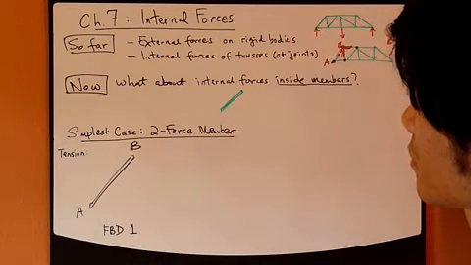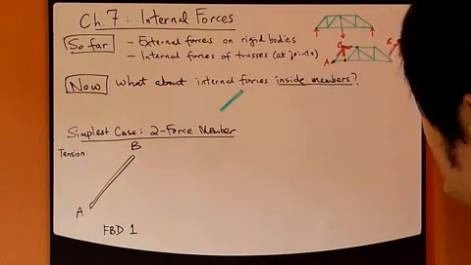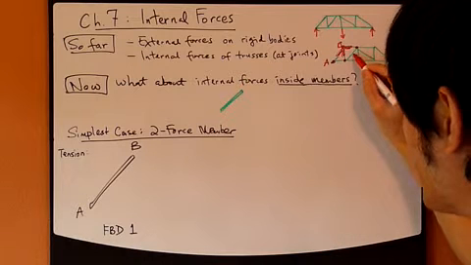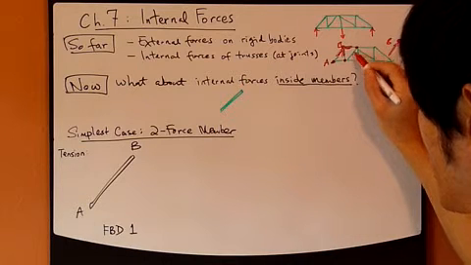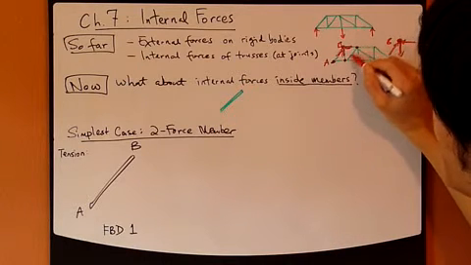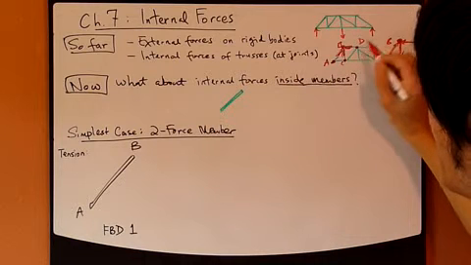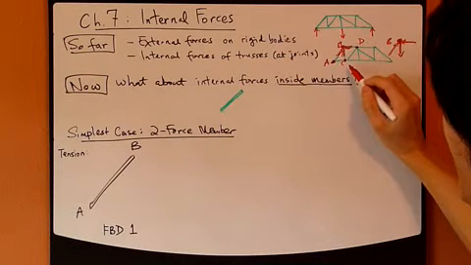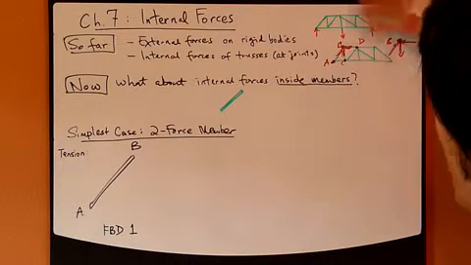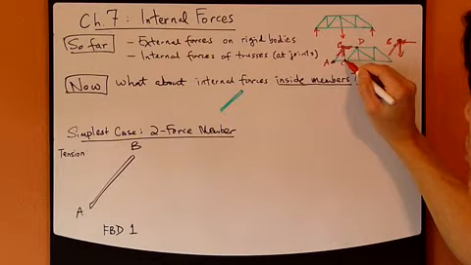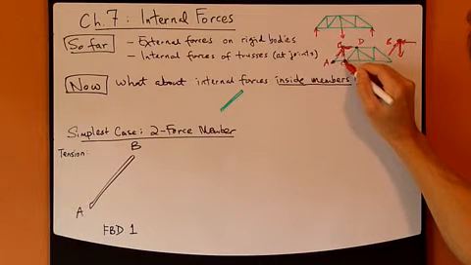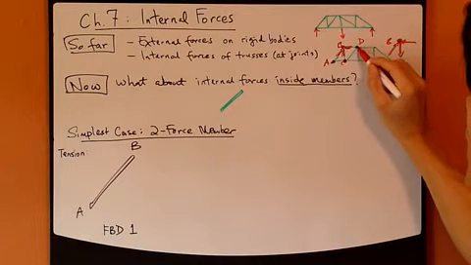Now, what happens inside a member? Let's say I take this member right here, C and D, member CD. What we've discussed so far lets you figure out the forces acting on this joint and at this joint.